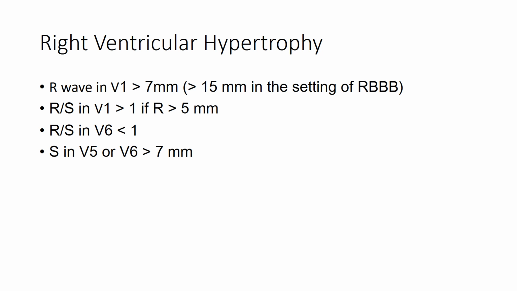The other criteria are R to S ratio in lead V1 more than 1 if R is more than 5 mm, and R to S ratio in V6 less than 1, and S in V5 or V6 more than 7 mm in depth.